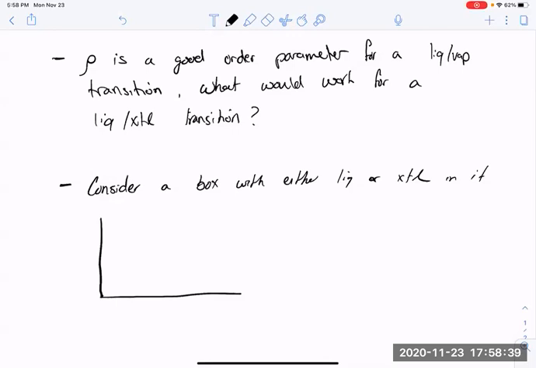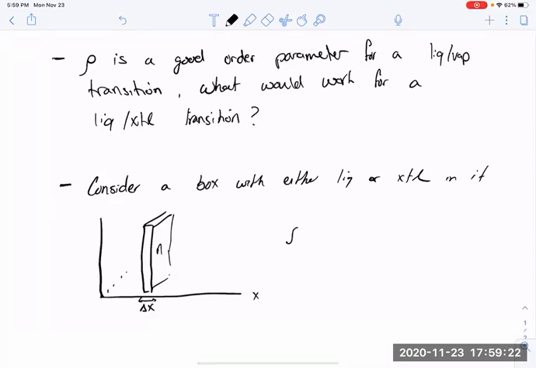Well, some of you might be thinking that you would shine light on it. You know that crystals diffract light in a very particular way compared to liquids. That is a reflection of imagining what would happen if I lined up this liquid or crystal in this box and picked out a slab of width delta x, an area A. It's a three-dimensional box, so it has some depth to it.